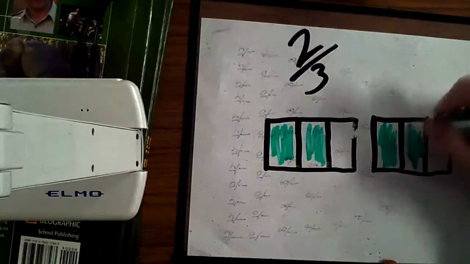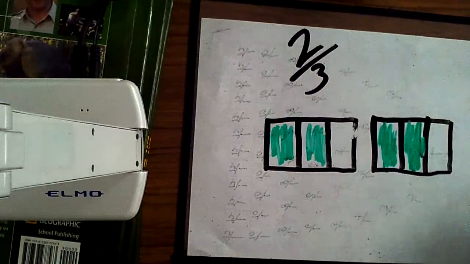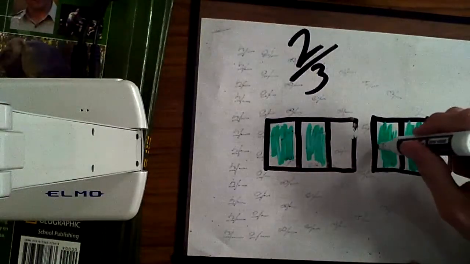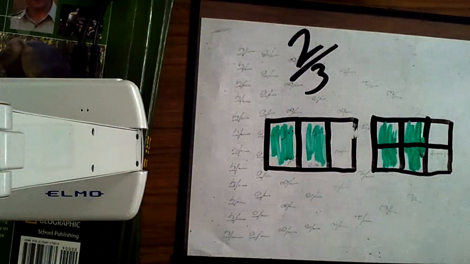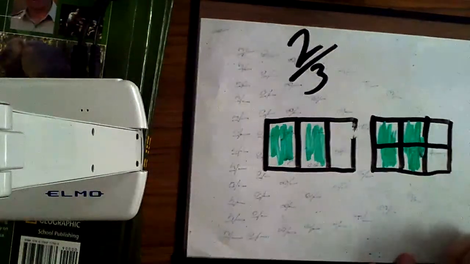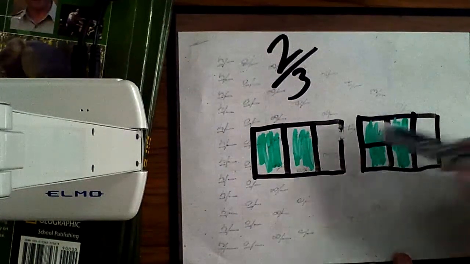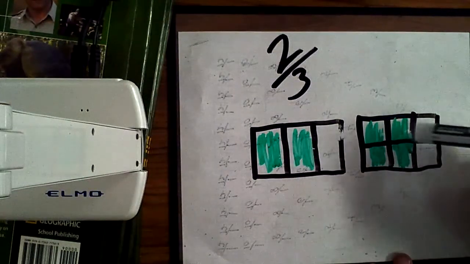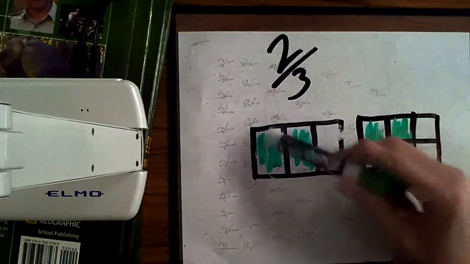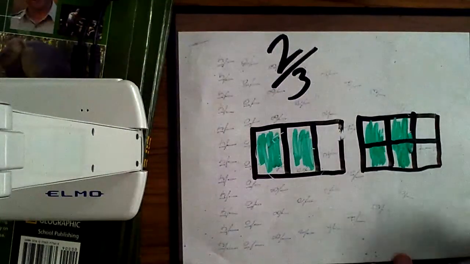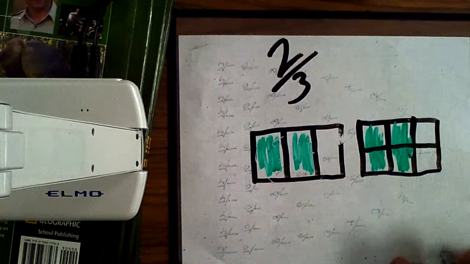And now after we've done this, what if we do this right here? Well, we multiplied the number of parts by 2, didn't we? We've gone from 3 parts to 6 parts, and the green parts, there's 2 of them, now there's 4 of them. But you can see the same amount is colored green. The amount that was colored green did not change. What did change is the number of parts.